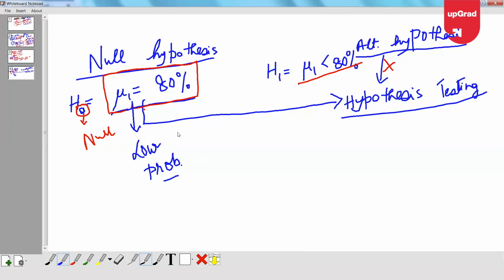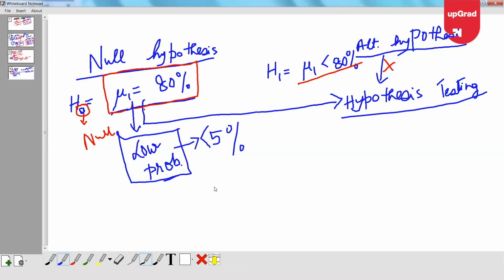In this case, generally, with hypothesis testing, we say that low probability can be said about an event if its chances of occurrence in reality is less than 5%.